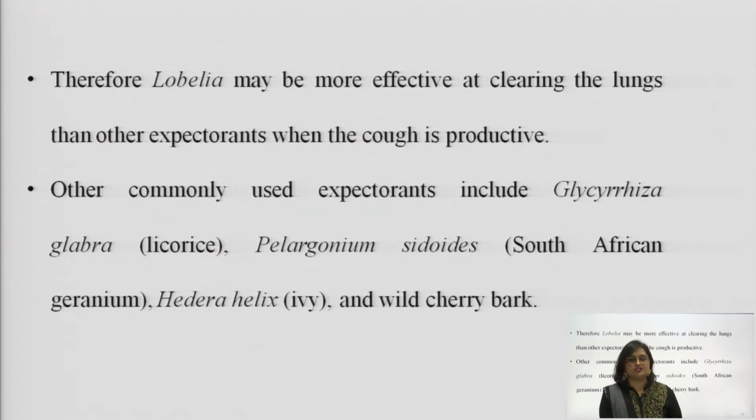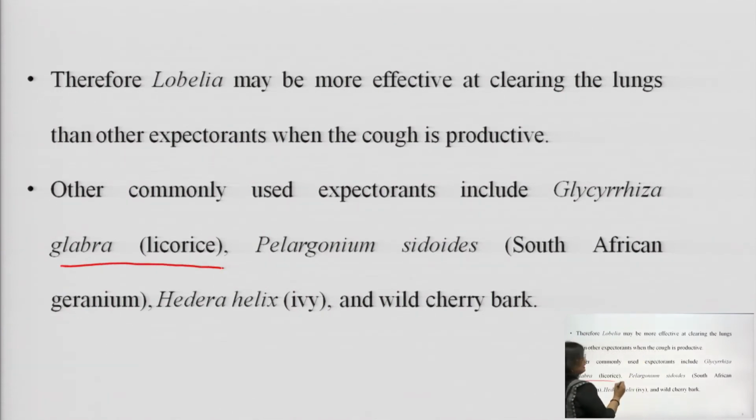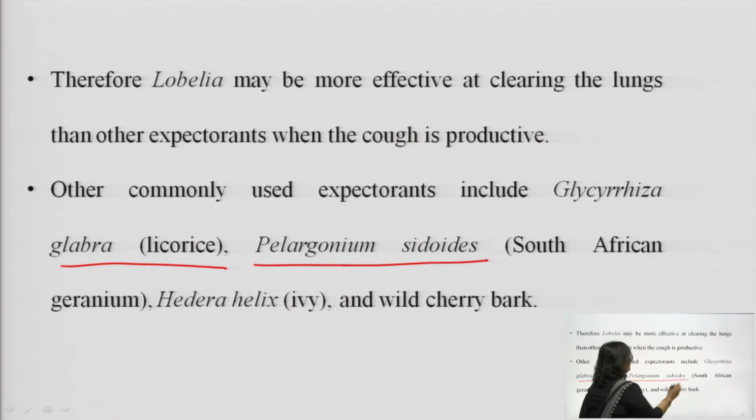Other commonly used expectorants include Glycyrrhiza glabra, also known as licorice, Pelargonium sidoides, which is also known as South African geranium.